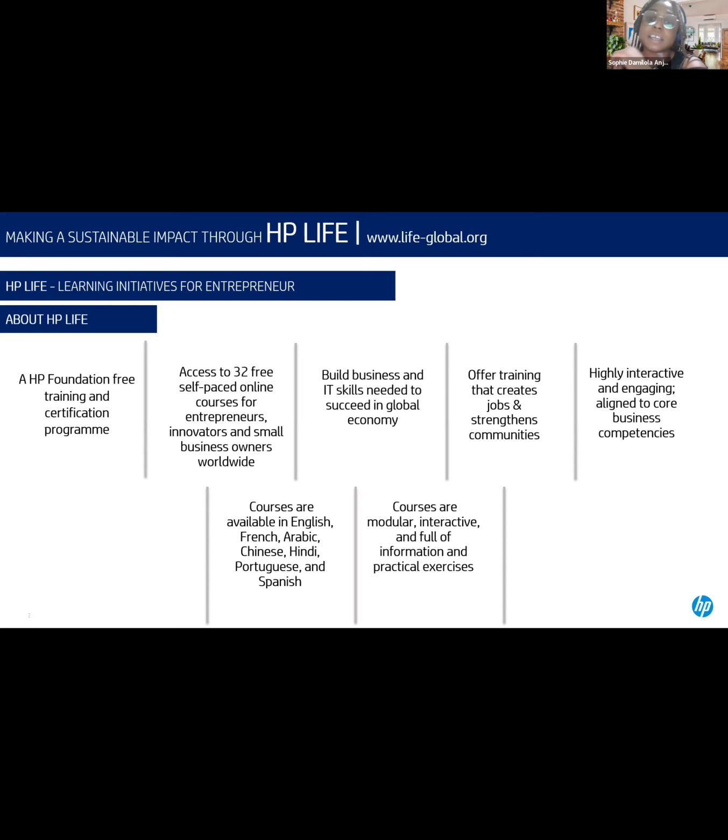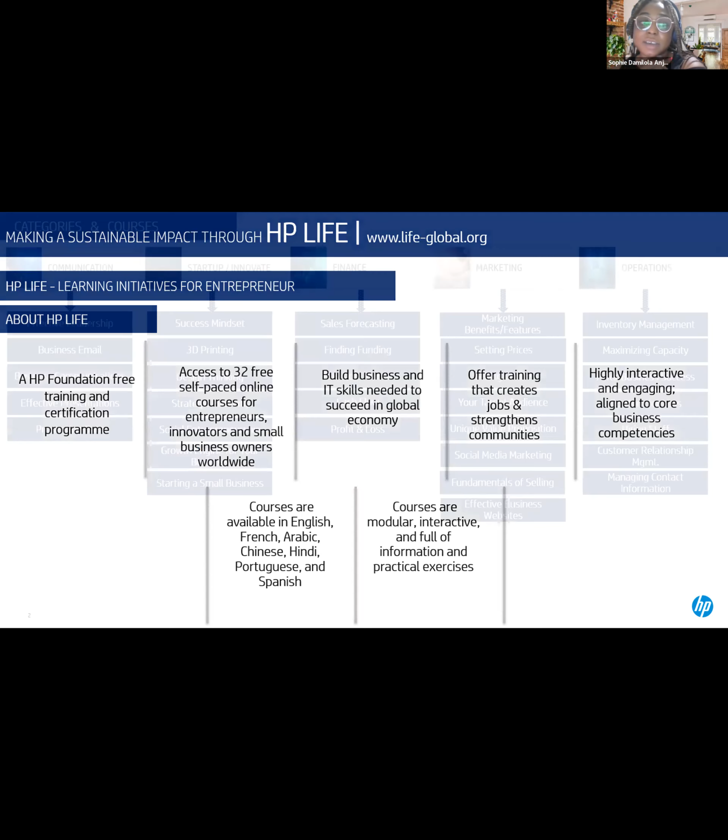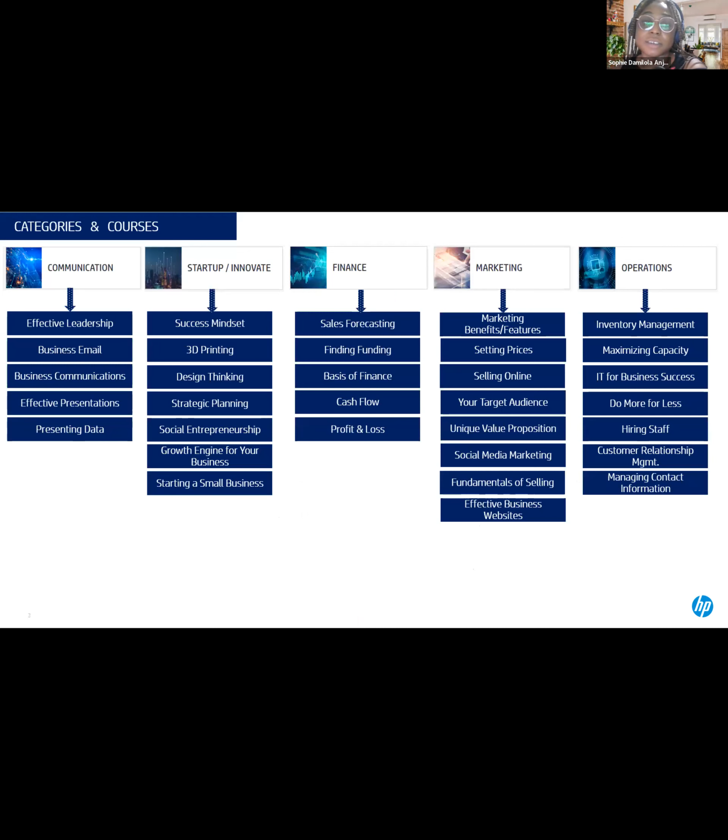Our courses are interactive and full of information and practical exercises. I've taken quite a few on my own, and honestly, I learned a great deal. So I have here in front of me and in front of you 5 categories, and then the courses that fall underneath. Under communication, we have amazing courses like business email, business communications.